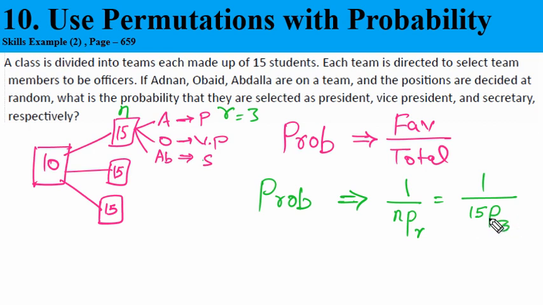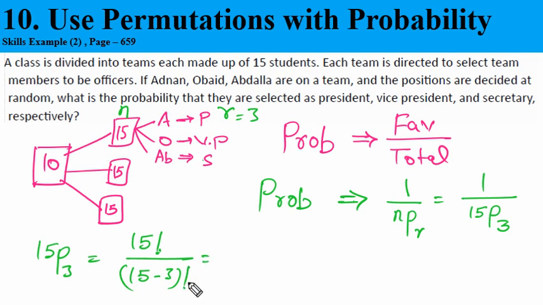This P is for permutation, okay. Now you can do this from the calculator, or else use the formula I just told you: factorial 15 divided by factorial 15 minus 3. You can write it like this in the calculator, or else you can directly write 15P3 in the calculator.